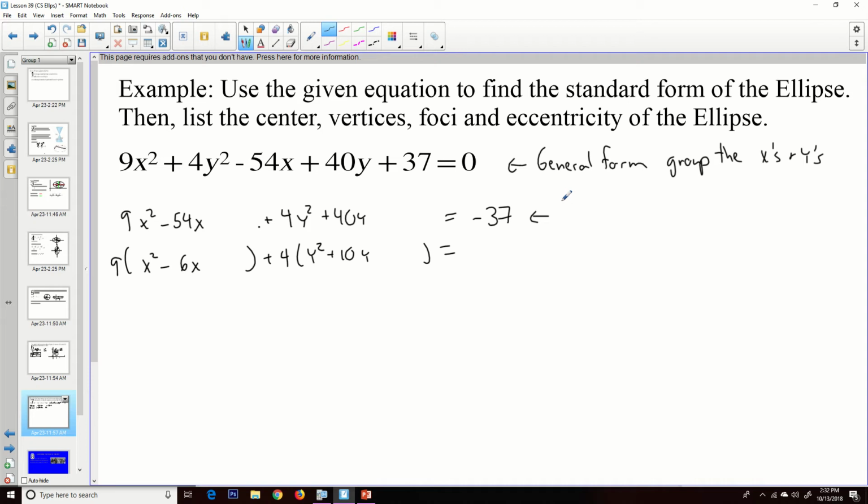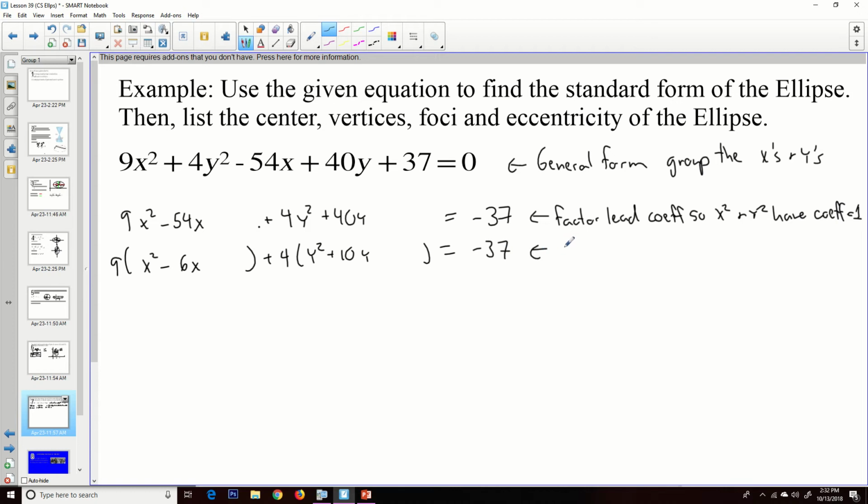And so let's say factor leading coefficient. So x squared and y squared have coefficient equal to 1. There we go. And I still have negative 37 there.